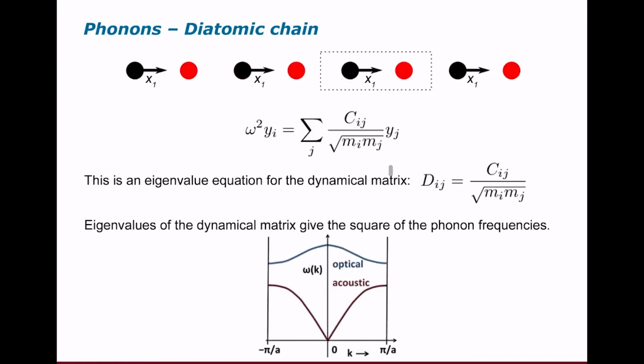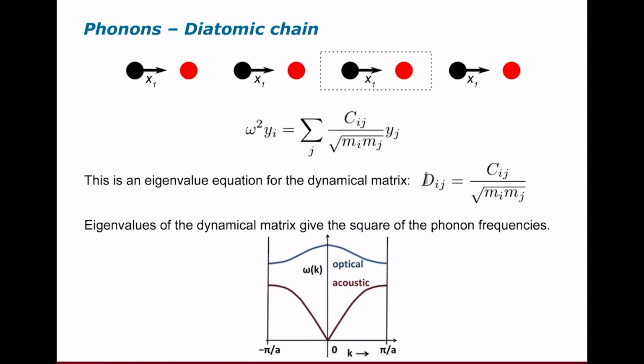And in the end, the equation you solve is the eigenvalue equation for this, where y is some reduced position coordinates. And this matrix here is what people refer to as the dynamical matrix. It's D_ij. So the frequencies of the phonons, or frequency squared, omega squared, are the eigenvalues of this dynamical matrix.